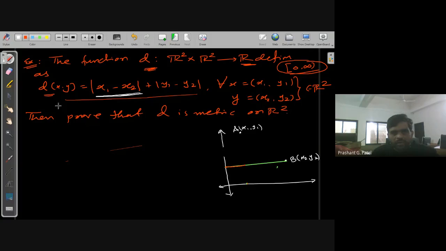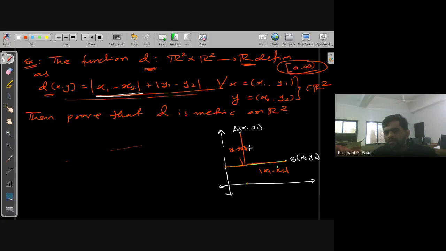So this distance is actually mod of x1 minus x2, and this distance that we have here, in a similar manner, is mod of y1 minus y2. So this distance between x and y is actually this. First you can calculate from this to this and then go that way.